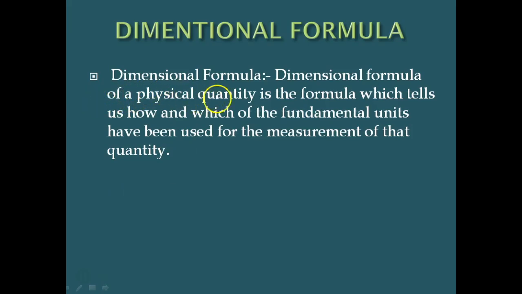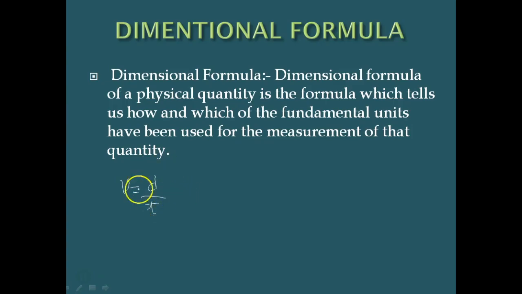The dimensional formula of a physical quantity is the formula which tells us how and which of the fundamental units have been used for the measurement of that quantity. So we can consider a similar example: velocity is given by displacement by time.